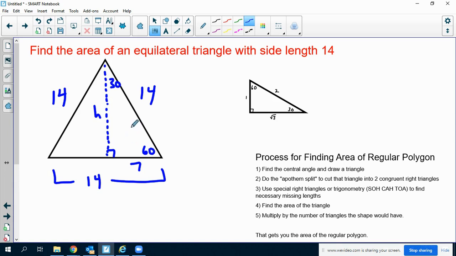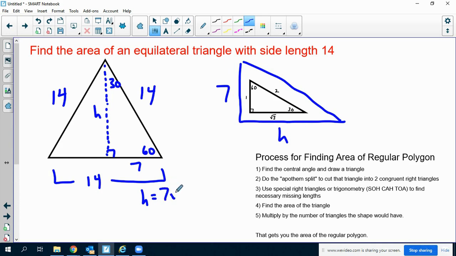triangle. So if I draw this picture, the side across from the 30 is a 7, and I need to find the height. h is going to be 7 square root of 3, because 7 over 1 equals h over root 3, and you multiply the root 3 over. So h is 7 root 3.